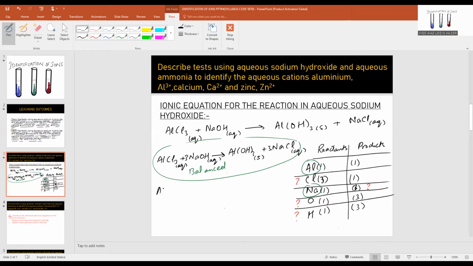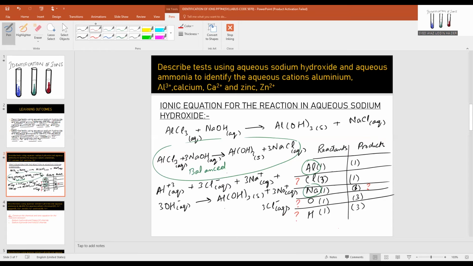You'll get this: Al3+ aqueous plus 3Cl- (not Cl3-) aqueous plus 3Na+ aqueous plus 3OH- aqueous. On the product side, leave it as it is in the solid state, Al(OH)3 solid, and we have 3Na+ aqueous, 3Cl- aqueous.